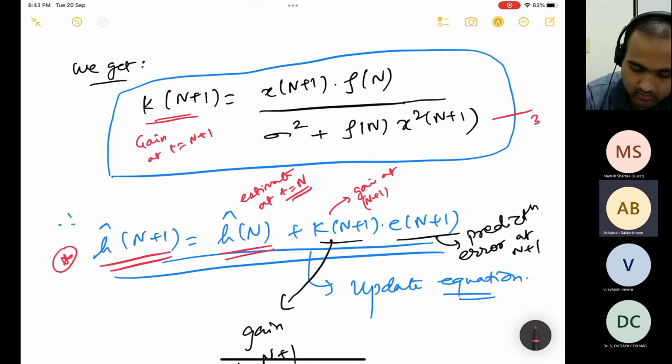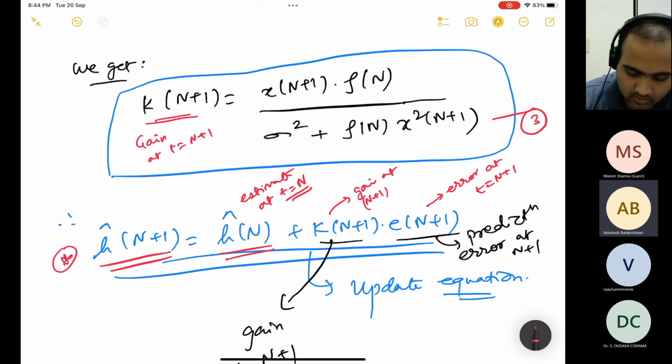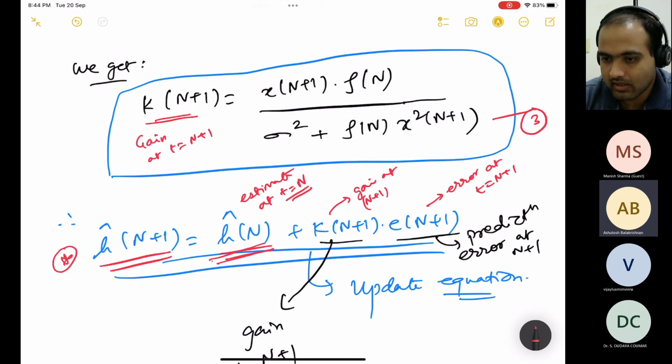If I name this as equation 3, this is the gain at n plus 1, and this is my prediction error at time n plus 1. Now I don't need to again compute the summation over all xk yk divided by the summation over all xk square. I just need to keep my h hat n, store it in memory, and it will be updated to h hat n plus 1.